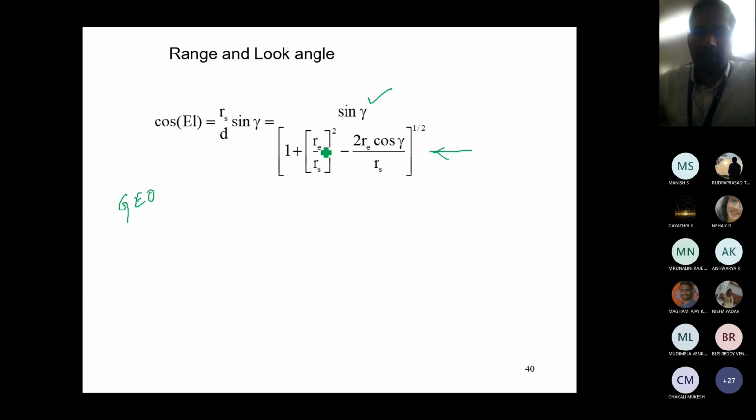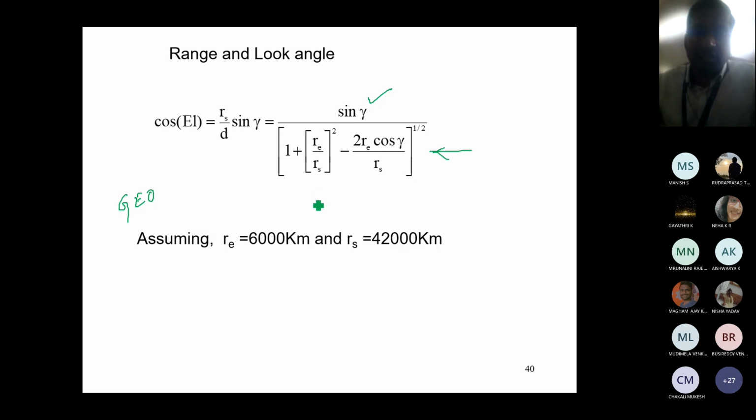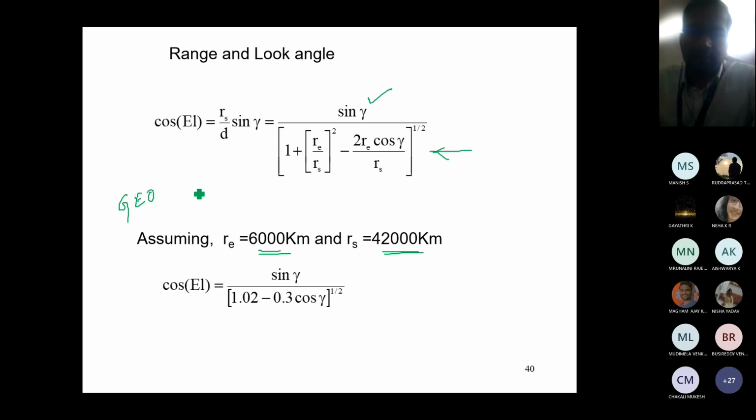That is the radius of the Earth. Rs is the orbital height of the satellite, which is around 41,000 something. You see here, I have taken some approximate value of radius of the Earth, and approximate value of orbital height of the satellite. Using those values, I can obtain the cos elevation, this parameter, like this.